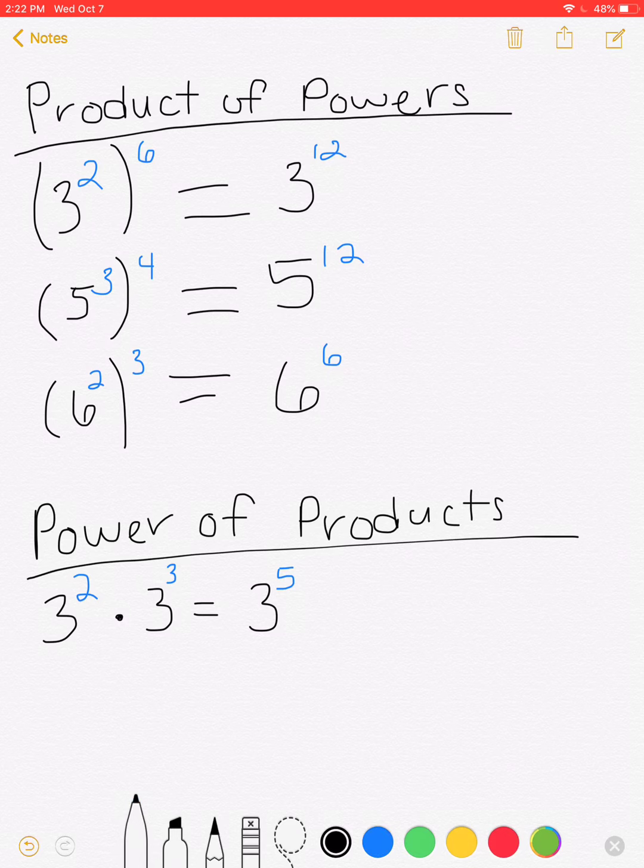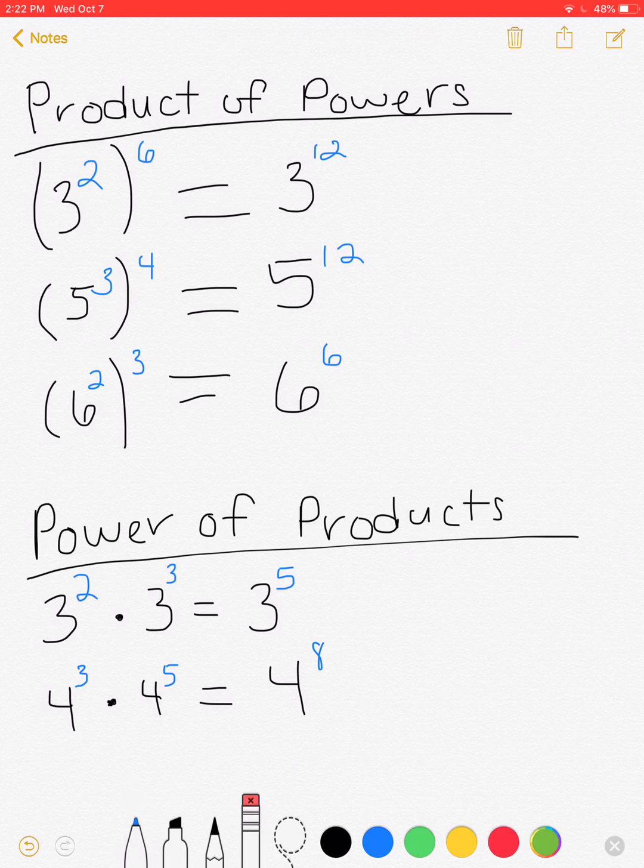Let's do another example. Let's do 4 to the third times 4 to the fifth. So remember, we keep our base number the same, and then we add together our two exponents. So 3 plus 5 is 8.